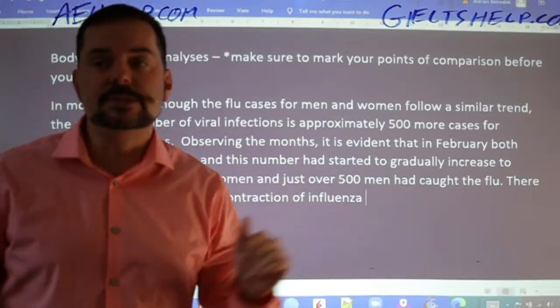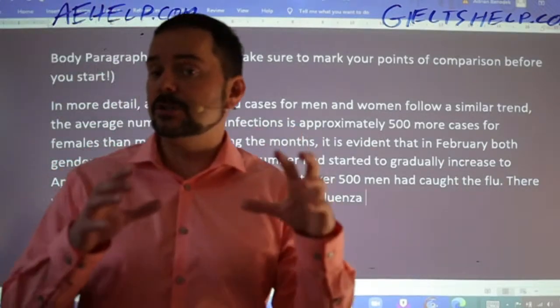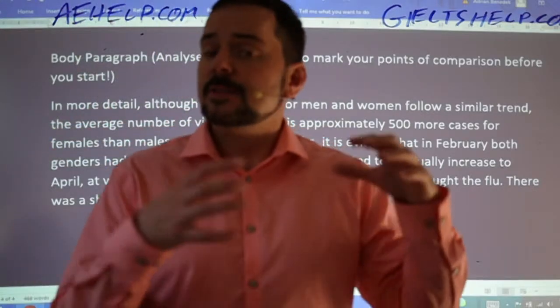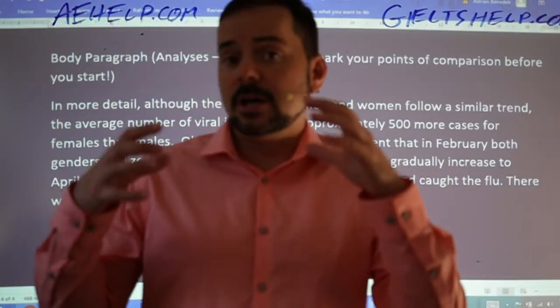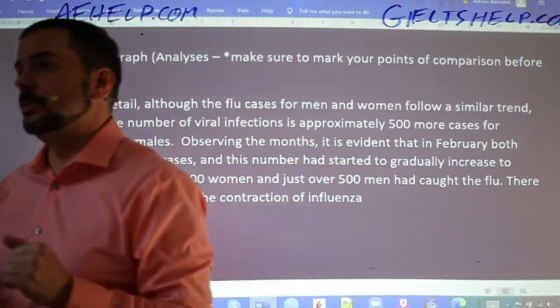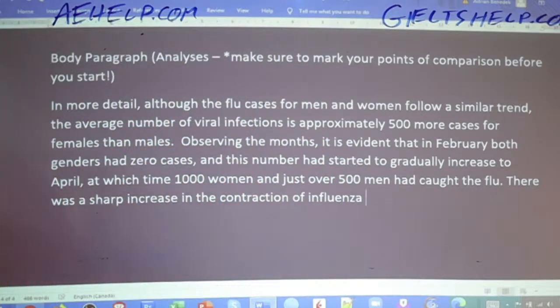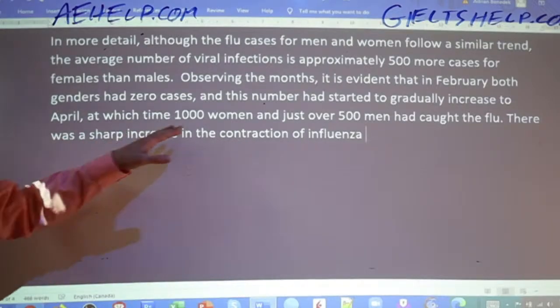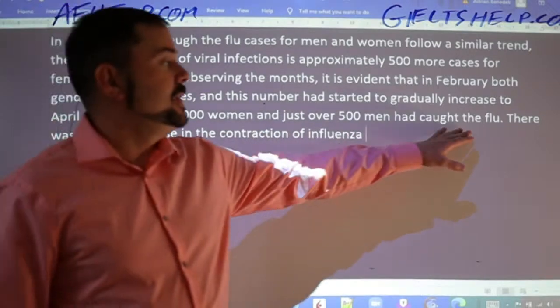So I'm not using the past tense. Again, when you're referring to the graph, use the present tense because it's the general truth. This graph will be the same tomorrow as it is today. When you're referring to the time in the graph, the year or the months, use the past tense, okay? So, again, at which time 1,000 women and just over 500 men had caught the flu.